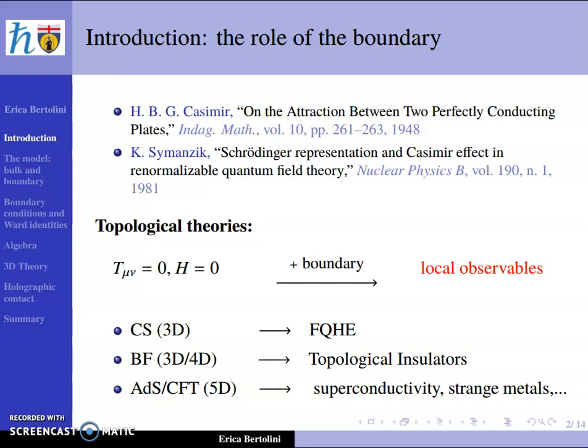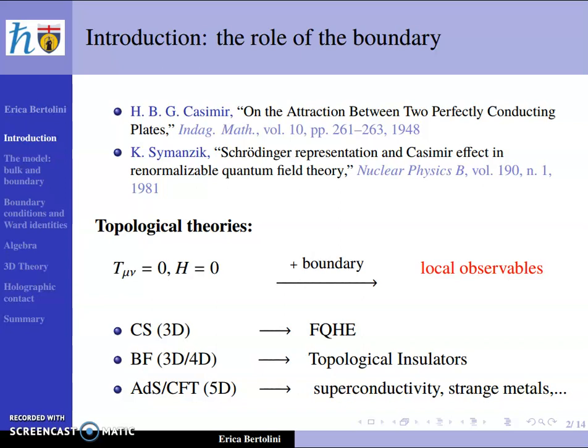But when we introduce a boundary in these theories, we find local observables, so we can extract an interesting physical content. For this, various examples can be made. First of all, the Chern-Simons theory, which is a three-dimensional theory, is really interesting because due to the presence of the boundary, we can extract the degrees of freedom of the fractional quantum Hall effect.